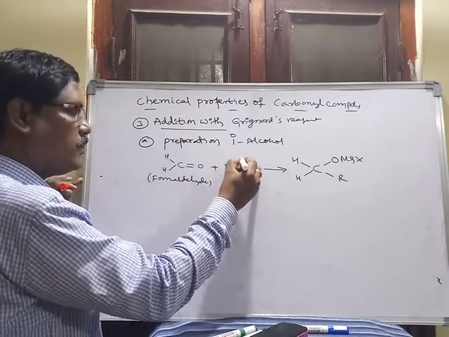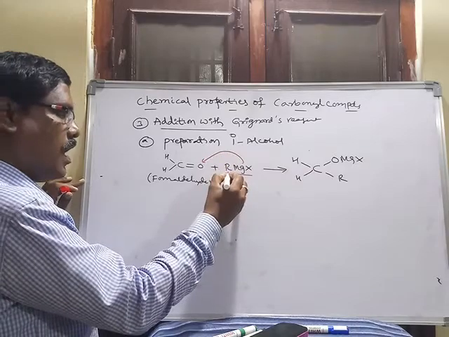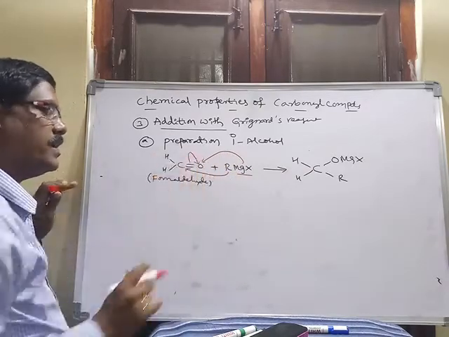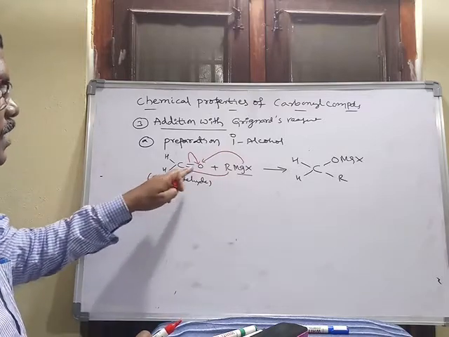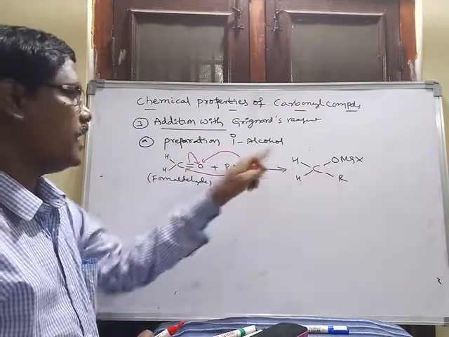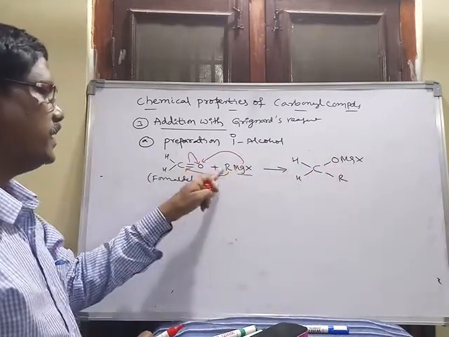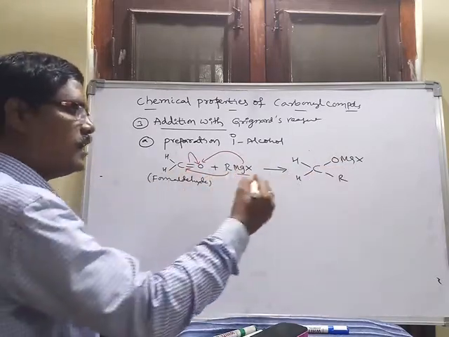The MgX part is added to oxygen, the R part is added to the carbon, and the pi bond shifted towards the oxygen. That's why there is a carbon to oxygen single bond, oxygen added with MgX and carbon added with the R group. So this is the intermediate.